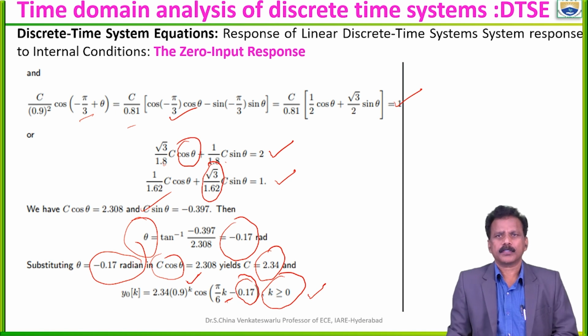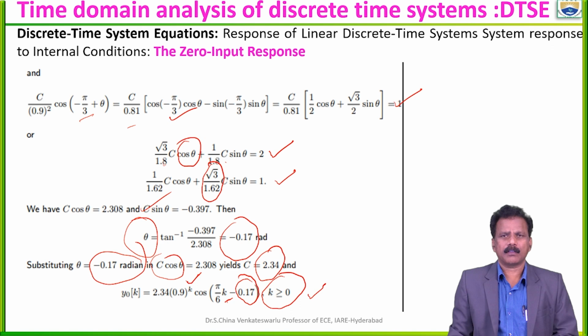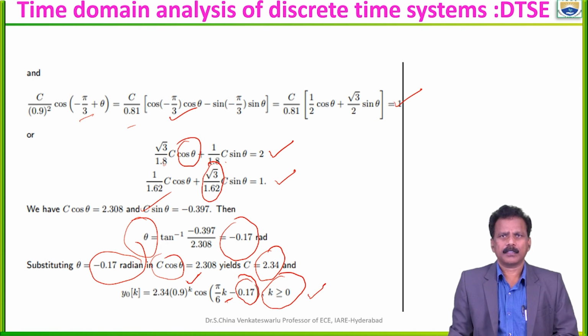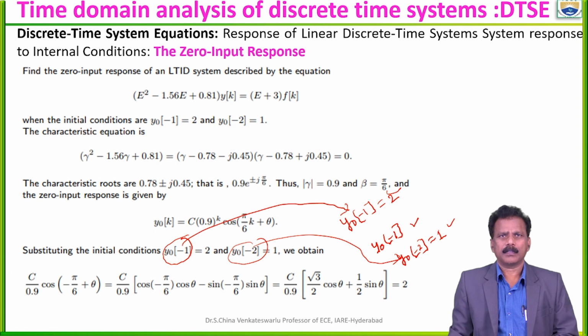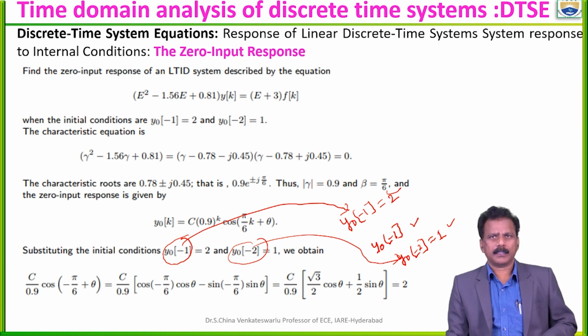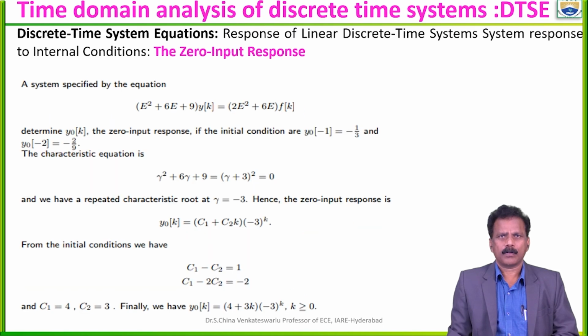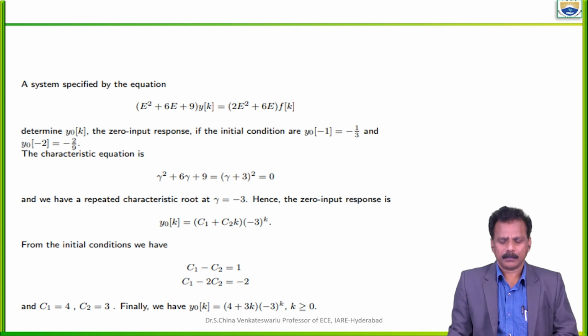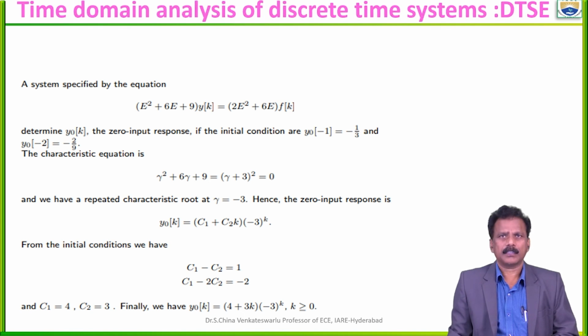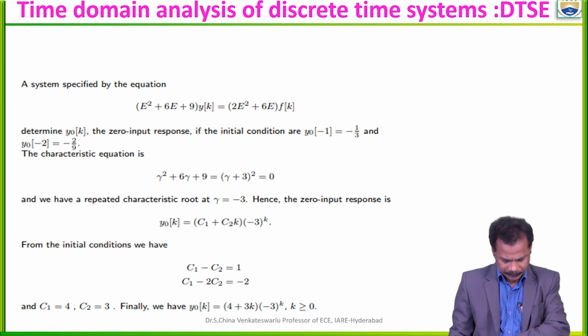Based on this zero input response, we can evaluate these values for the LTI-DT system. After that, the zero input response is ready to measure. Finally, the time domain analysis of discrete time systems is finalized.